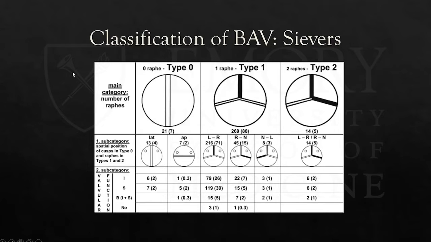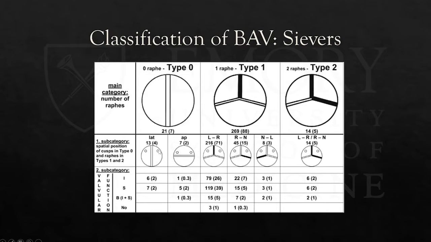So in the Sievers classification of bicuspid aortic valves, you have a type 0, type 1, and type 2. Type 0 has no raphe, so this is what we would refer to as a true bicuspid valve. Further characterizing these valves is spatial orientation. You can have it oriented in the lateral position or in the anterior-posterior position.